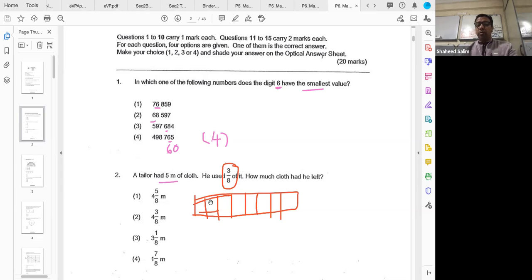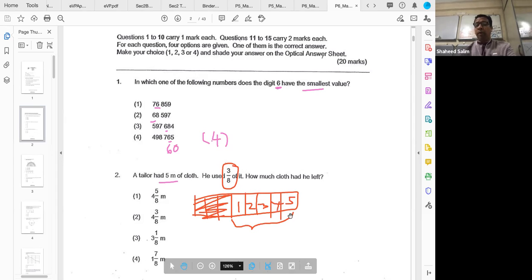Now 3 parts are used. How many parts are left? 5 parts, because the total is 8. 1, 2, 3, 4, 5, 6, 7, 8. If you use 3, you have 1, 2, 3, 4, 5. 8 minus 3 gets 5.